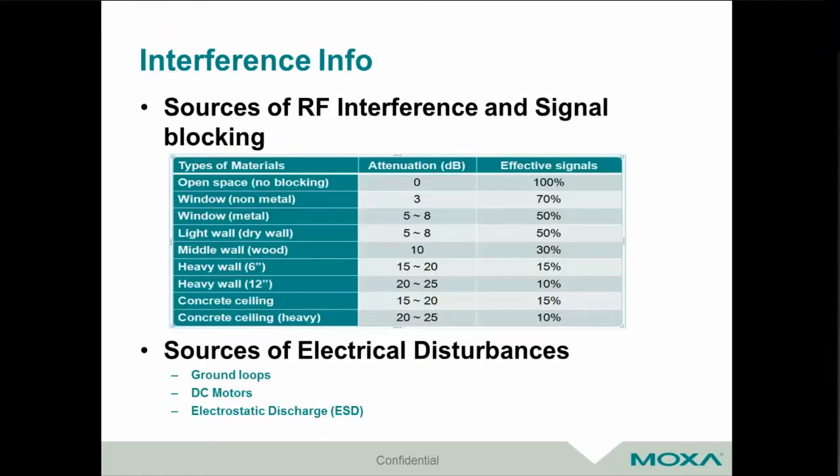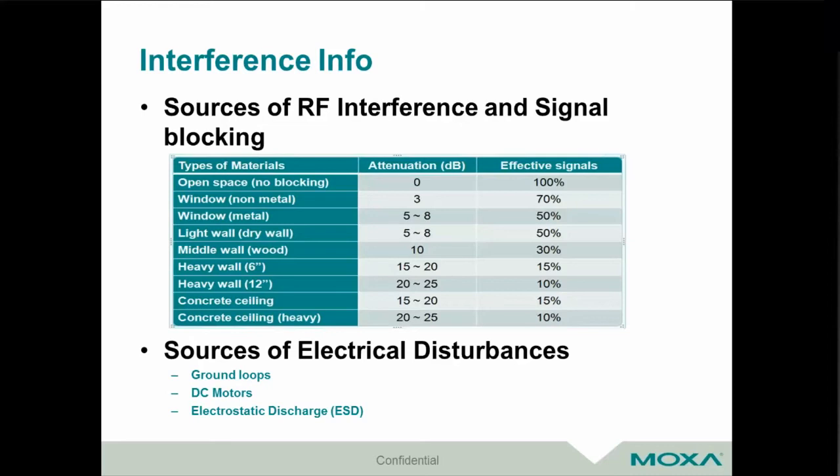Now, there's another thing to keep in mind, and that is a lot of physical things can affect a wireless signal. I included a chart here to show you the amount of loss that you can assume you're going to get with specific materials. Obviously an open space is going to give you 100% of an effective signal, meaning you're not going to lose any of your signal. But pretty much every other type of material that you can think of is going to cause some sort of loss, whether minor or significant, to the wireless network.